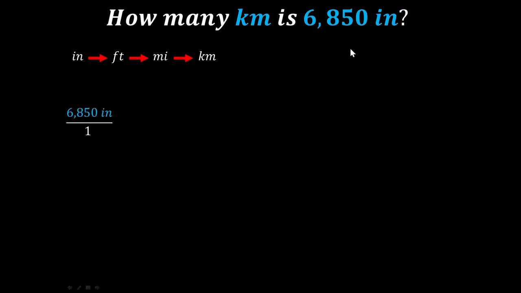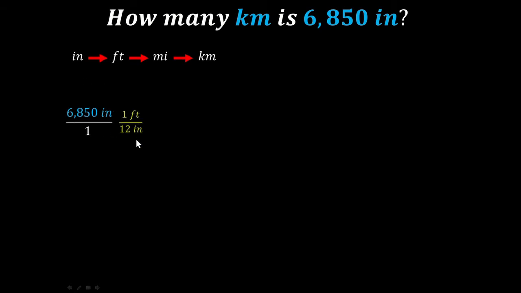So here's what we're starting with: 6,850 inches. I'm putting that over the number 1 just so I can clearly mark my fractions. And I really do prefer that you mark your fractions with a horizontal line versus a big diagonal slash, because this really clarifies which is in the numerator and which is in the denominator.